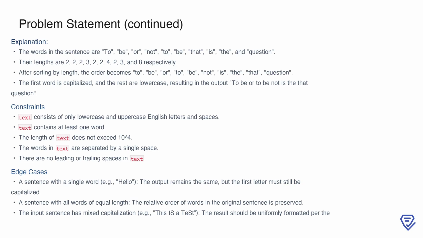Finally, let's touch on some important constraints and edge cases. The sentence will only contain English letters and spaces, with no leading or trailing spaces, and at least one word will always be present. The input length will not exceed 10,000 characters. For edge cases, if the sentence contains just one word, the output remains the same, but the first letter of the word must still be capitalized.